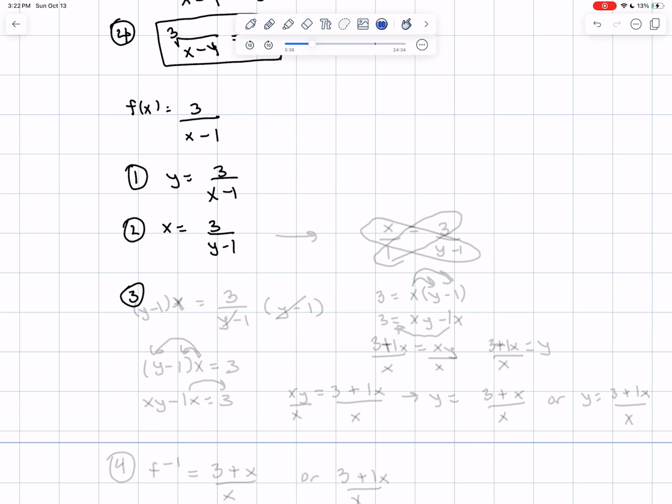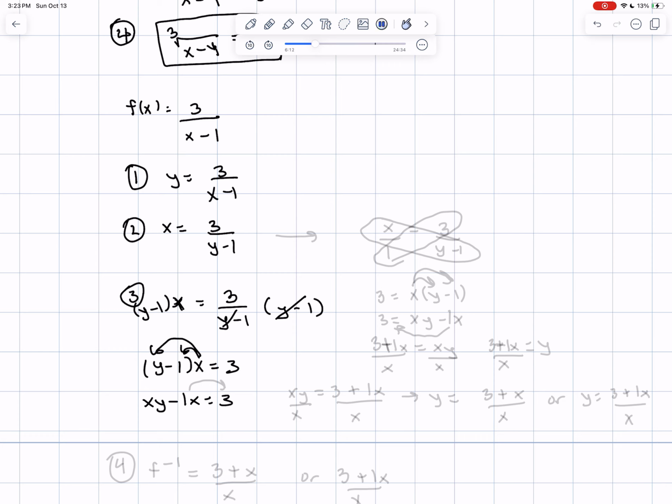So his way is taking the least common denominator here, multiplying it by this, and so now this eliminates these 2, and then you're left with y minus 1 x equals 3, right? So then we just do this distributing. So xy minus 1x equals 3.